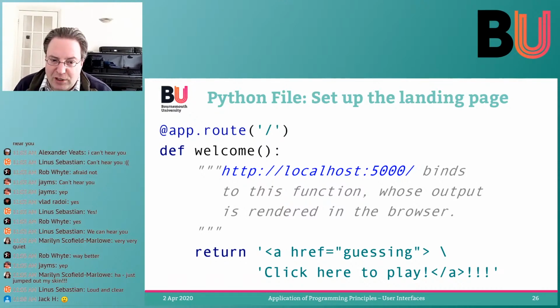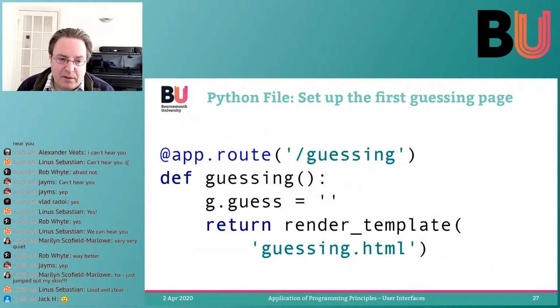And the documentation also tells you exactly how to do that. So have a look at the documentation. That's very important. This guessing page would then, for example, do guessing.